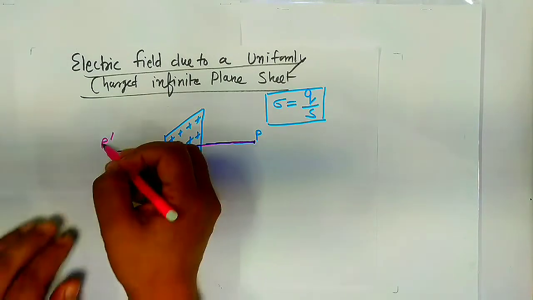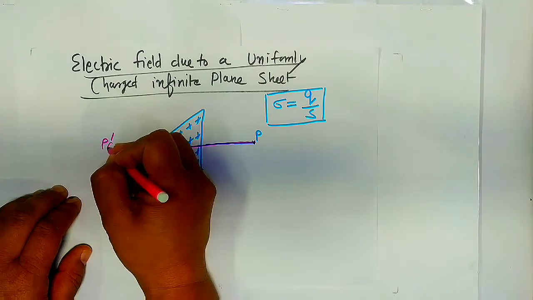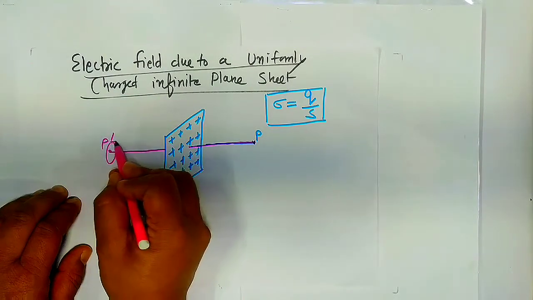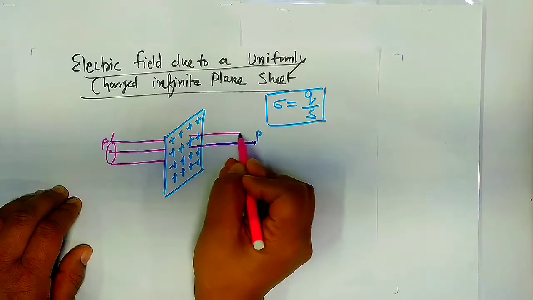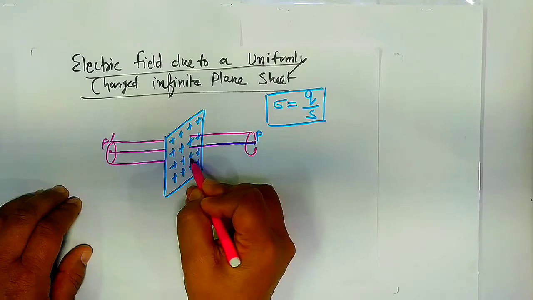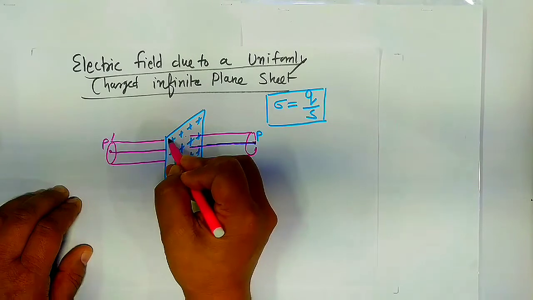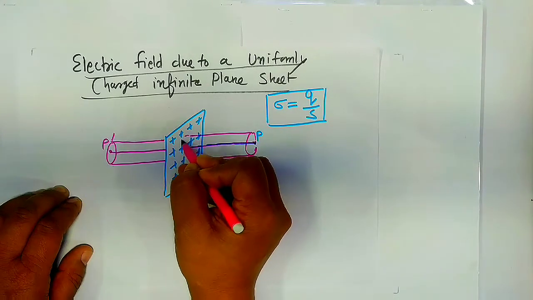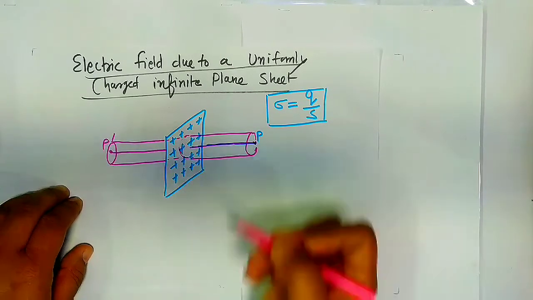Then you form a Gaussian cylinder on it like this. This is a Gaussian cylinder, a Gaussian surface.